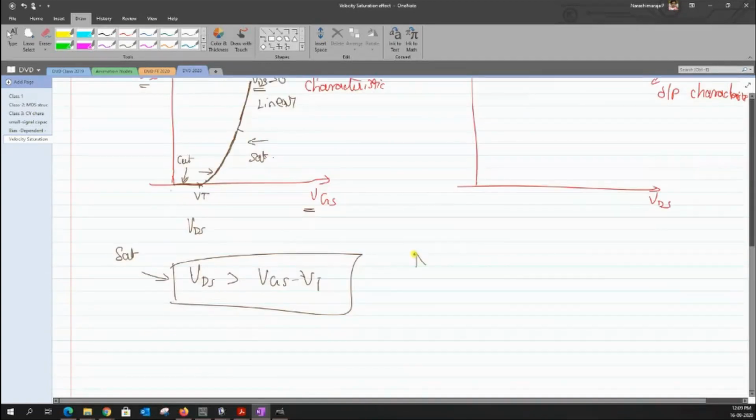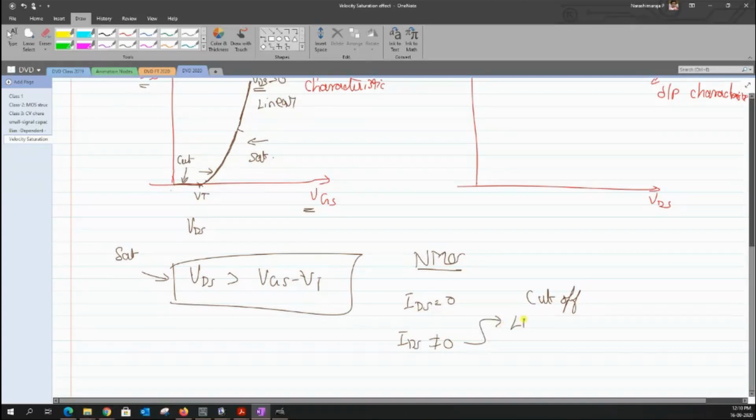So for an NMOS device, I think these equations we have already seen. So we assume that the value of IDS is equal to 0 for a transistor that is in cutoff, and when the value of IDS is not equal to 0, then there can be two possible regions, and the possibility of either of these two regions depends on the value of VDS and VGS, right?